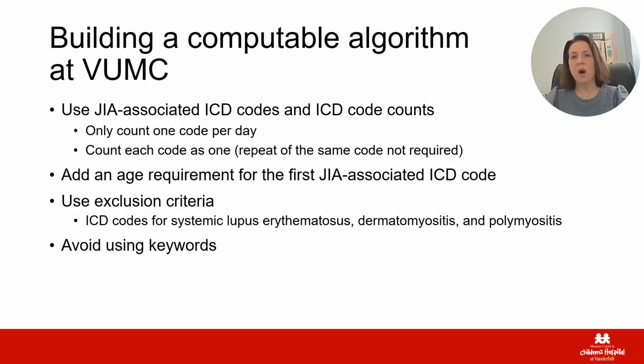We added an age requirement for the first JIA-associated ICD code. We also used exclusion criteria, and these criteria used ICD codes to remove cases of systemic lupus erythematosus, dermatomyositis, and polymyositis. And we chose to avoid using keywords.